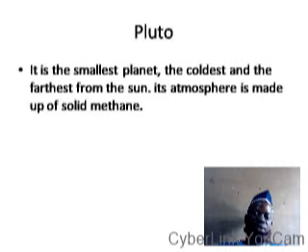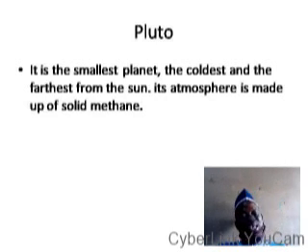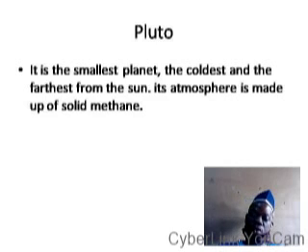In Neptune, we have hydrogen and helium, but the methane there is solid, frozen. So if we are talking about a planet that is made up of only solid methane, we'll say Pluto. If you are talking about a planet that contains frozen methane with hydrogen and helium, then we're talking about Neptune.